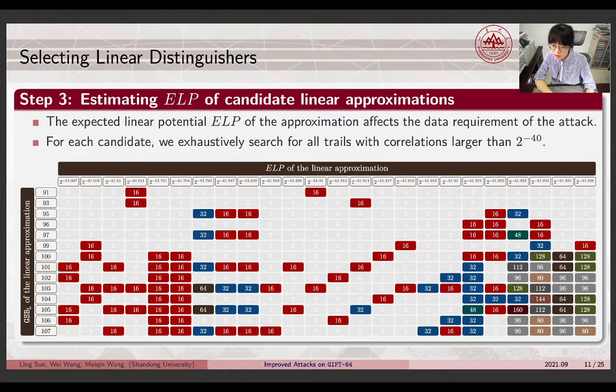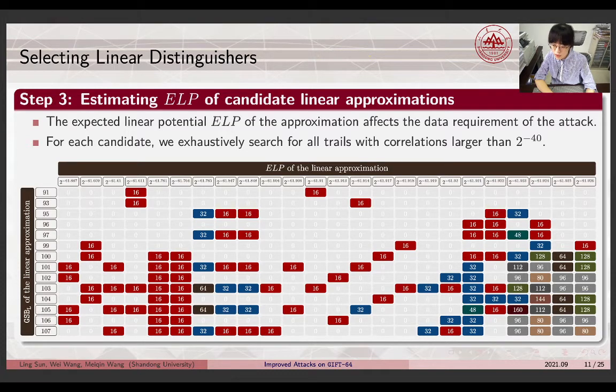The ELP of the approximation is the quadratic sum of correlations for all characteristics belonging to it. Due to the considerable number of linear approximations for each candidate, we can only exhaustively search for all trios with correlation larger than 2 to the minus 40 and give approximate estimations for the ELP.